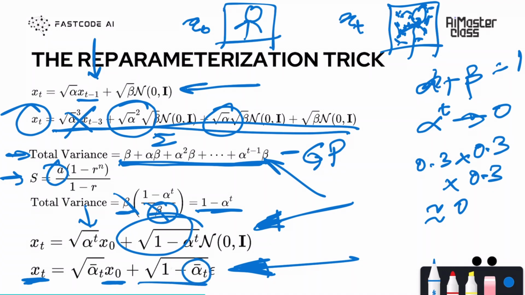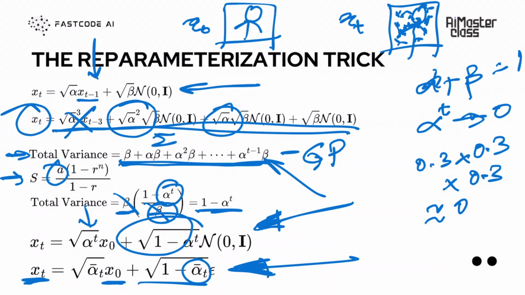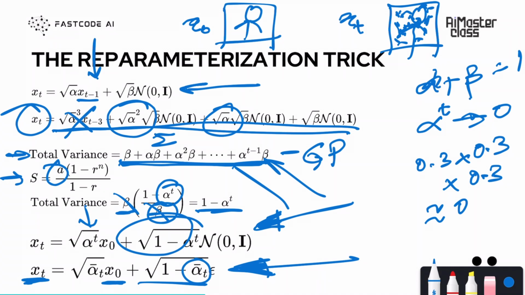And what is this? This is essentially the multiplication, right? So it is essentially this alpha to the power t kind of a term, where you're multiplying all the alphas from previous, from here, and you are then calling it alpha dash t. But the good news is that this is your Gaussian, this is your input image, right? This is your original image, and also this is your alpha to the power t.